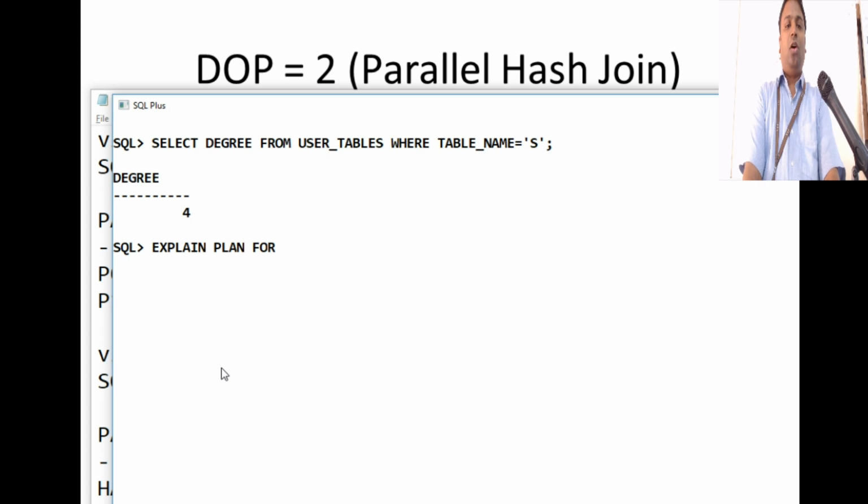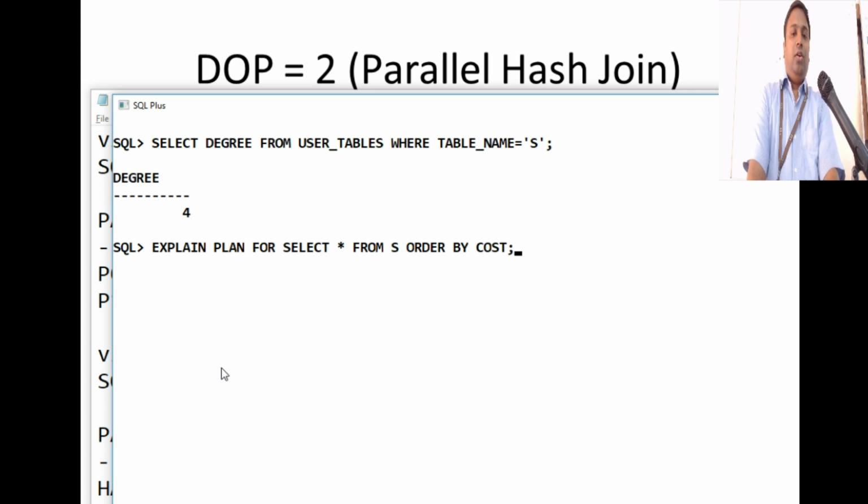Explain plan for select star from table S. This is a partitioned table. Order by is the sort operation, order by cost. It has 2 million records in each partition, whereas it's going to sort all the records in all the partitions.